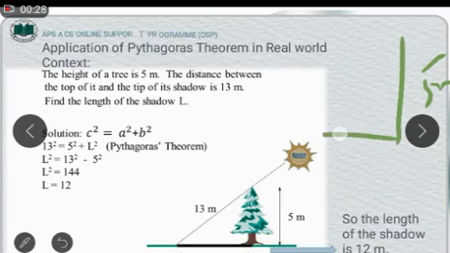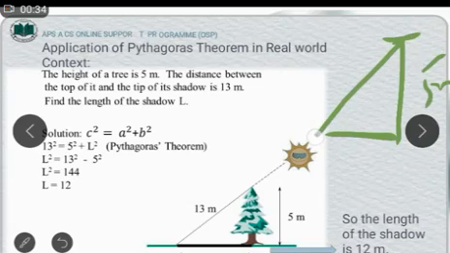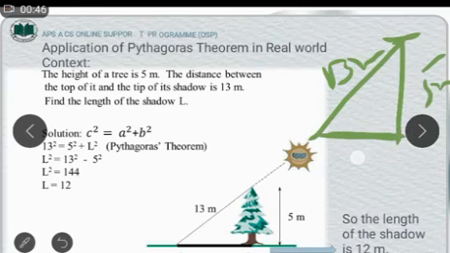This would be the shadow of the tree and this is the top. When we join the top with the shadow, the given distance is 13 meters. Find the length of the shadow. We have to find this length of the shadow.